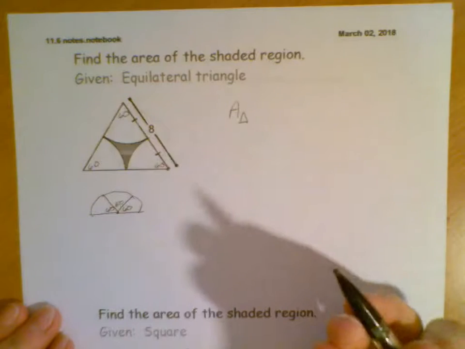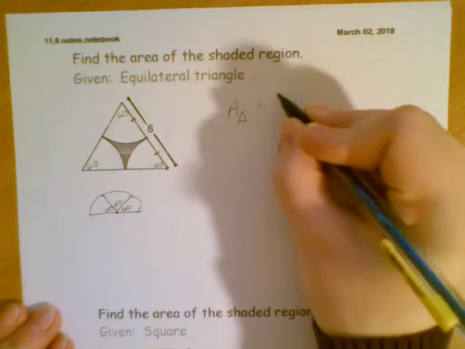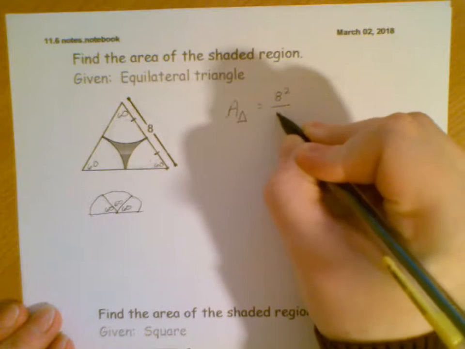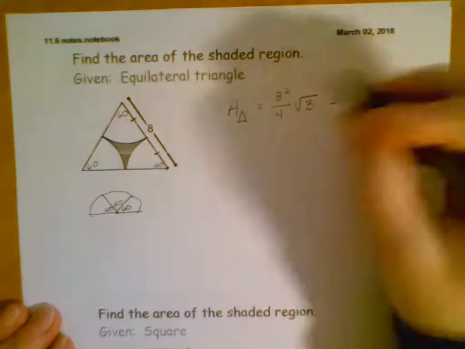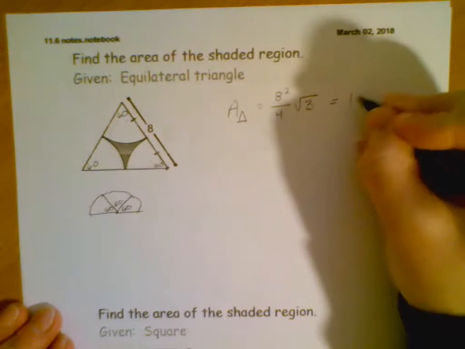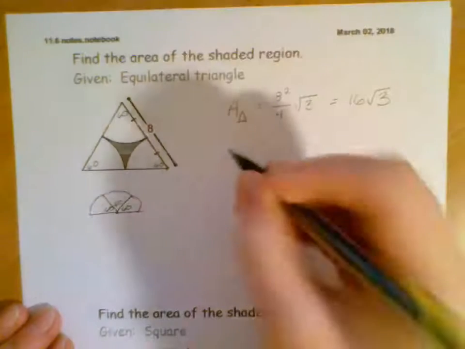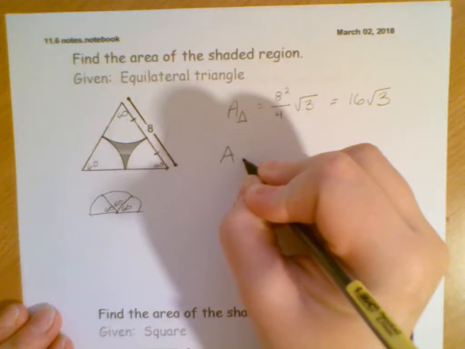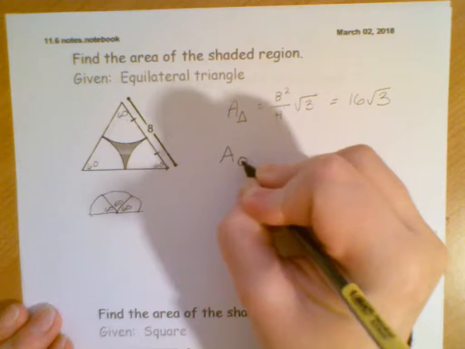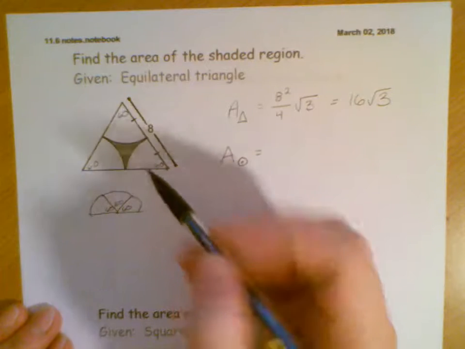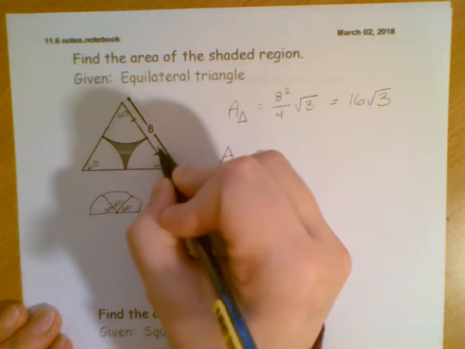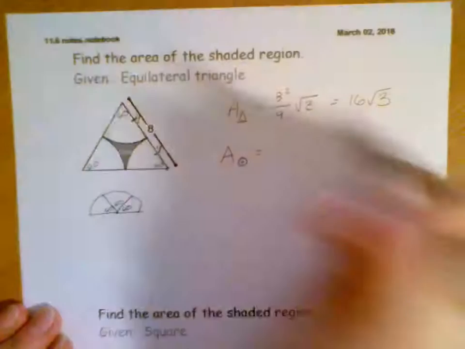So since it's equilateral, I can use my formula of a side squared over 4 times root 3. So that 64 divided by 4 is 16 root 3. Then I'm going to find the area of the semicircle. Since these are congruent, I have a radius of 4.